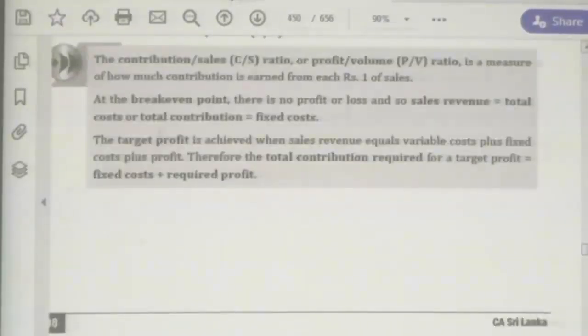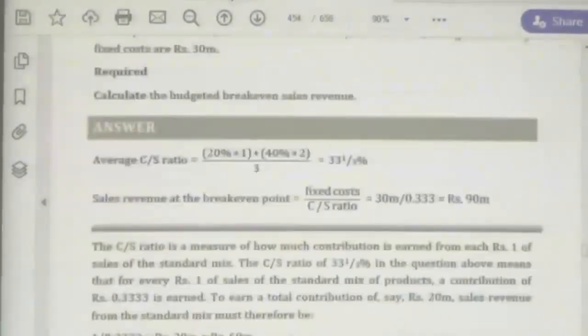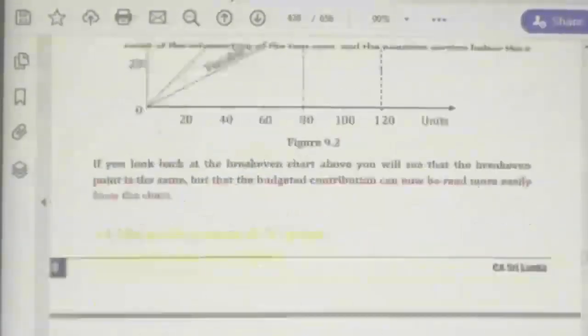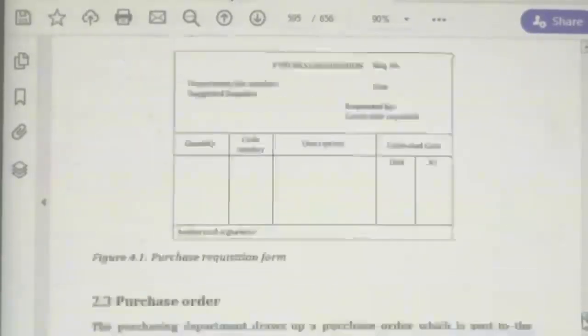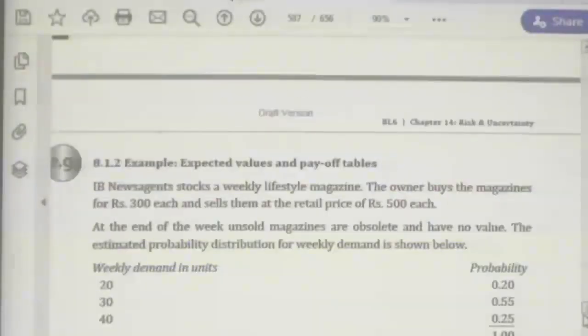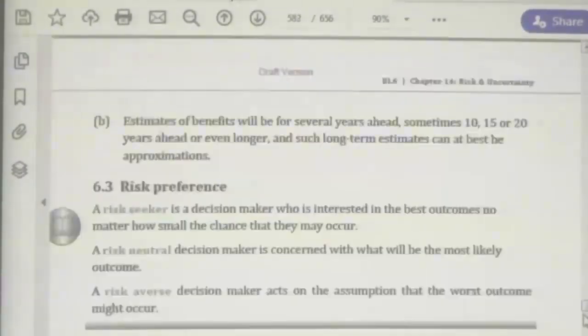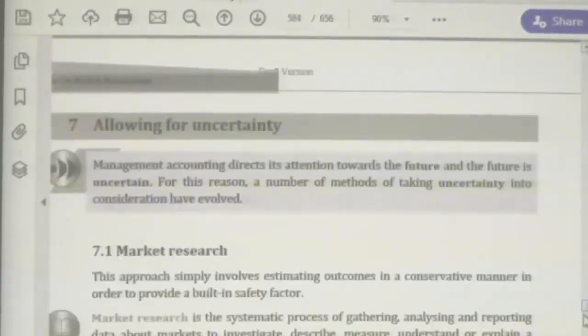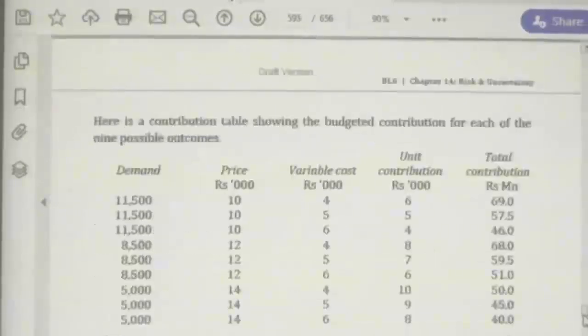This is the chapter. Chapter 14: under chapter 14 you have a topic called decision rules.